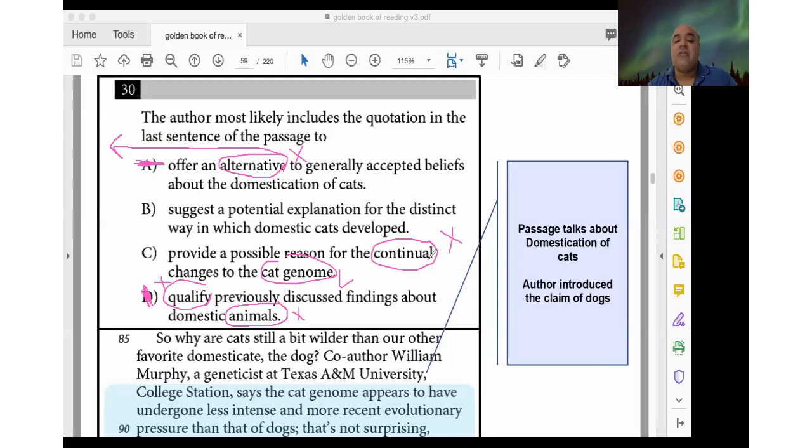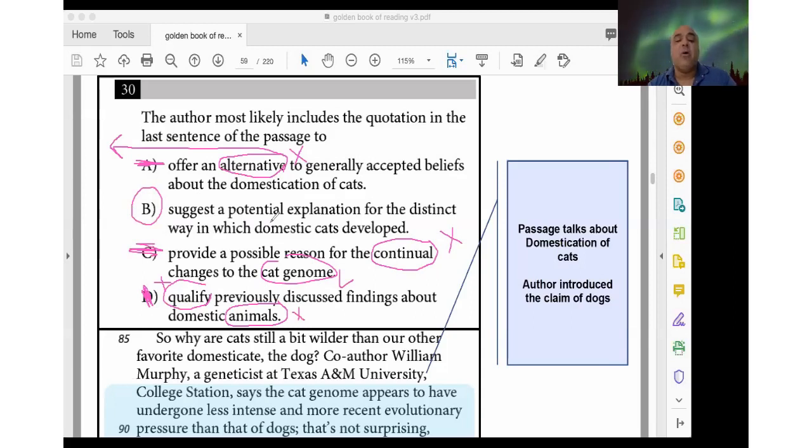The word continual is not supported at all, a word that made the choice wrong. The choice seems to be correct except for that word. Choice C is eliminated.